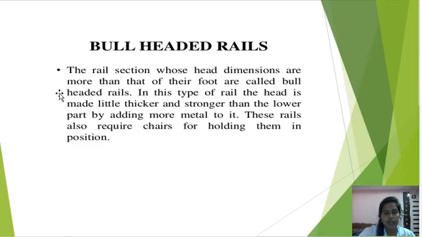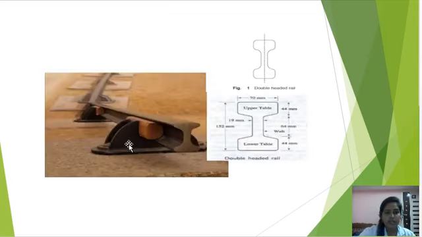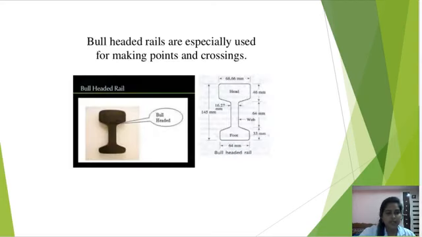The head is made a little thicker by adding more metal to it. So this also requires chairs for holding them in position. For fitting, the chair is needed and the wooden keys are needed.